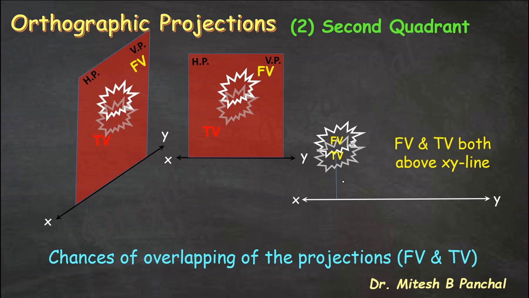When the projections overlap each other, it is difficult to interpret the object. What shape the object has, while looking from the projection, will become difficult. So we are generally not using it in engineering practice. The second quadrant is not generally in use.